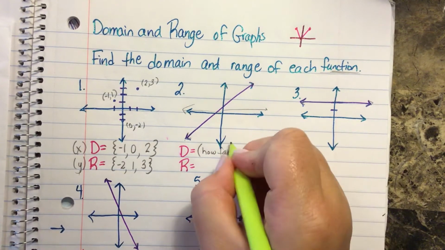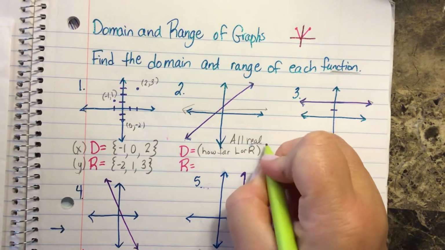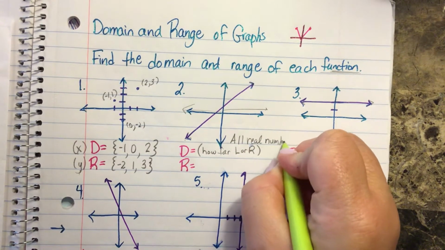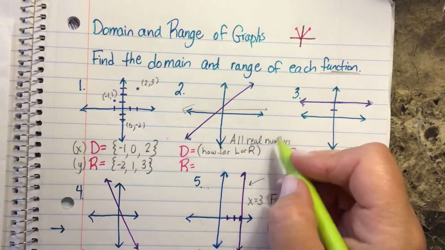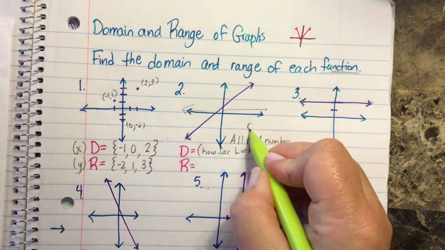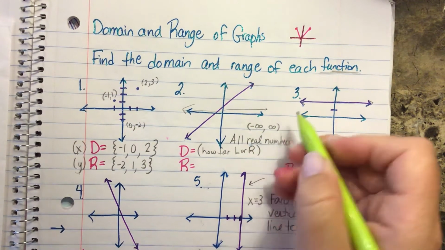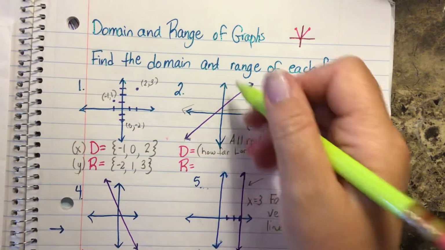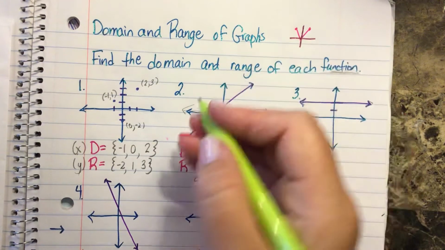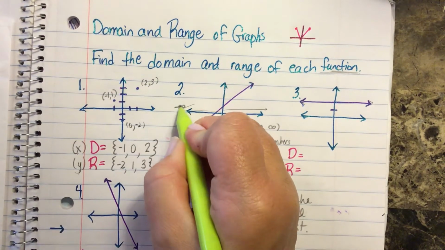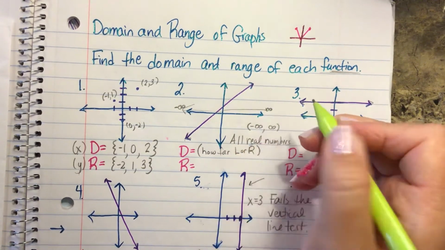So my domain is either the set of all real numbers, or we can express it in interval notation, which you do not have to do right now. The set of all real numbers in interval notation is from -infinity to +infinity, because the coordinate plane is a horizontal number line and a vertical number line. On a number line, -infinity is all the way to the left, +infinity is all the way to the right.